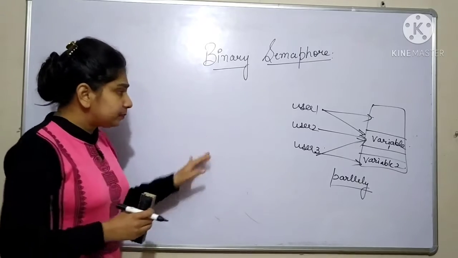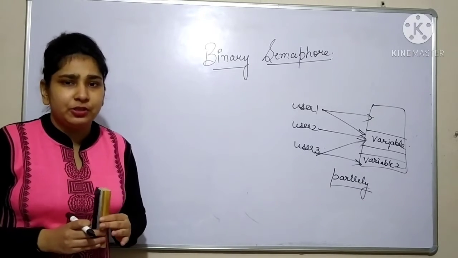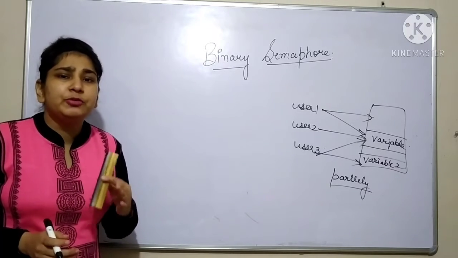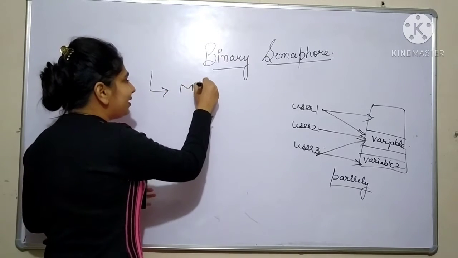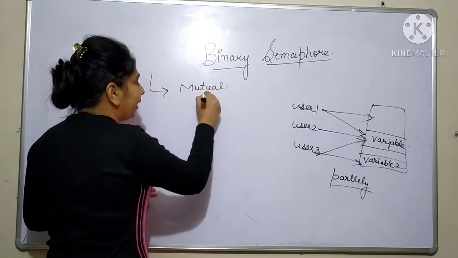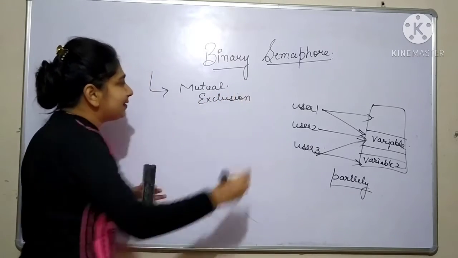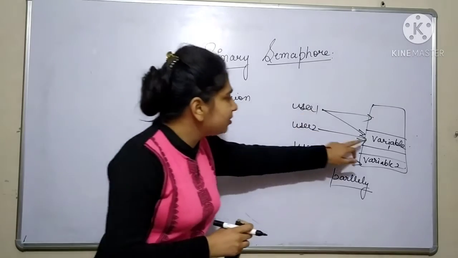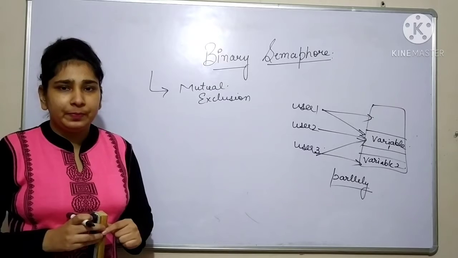If we want to achieve process synchronization, what conditions should your algorithm follow? The first condition is mutual exclusion. Mutual exclusion means at one particular point of time, only one user is going to access this shared variable.